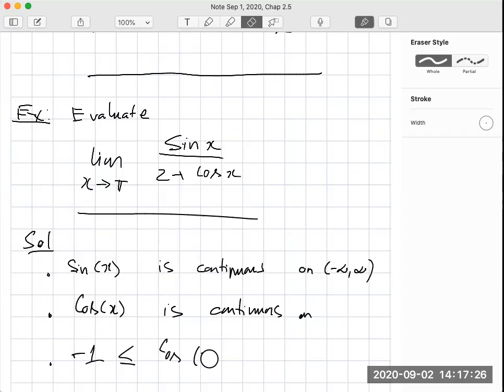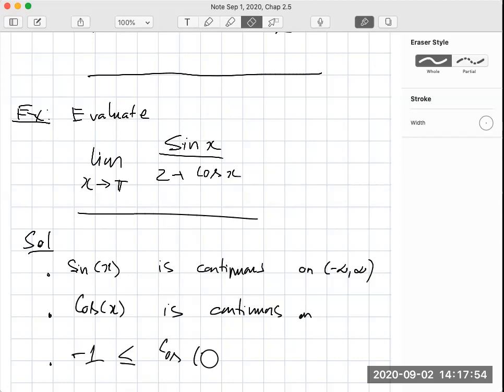So then at x is equal to pi, we're good. It is continuous at that point, right? Because it is continuous at this point, we can evaluate the limit by plugging pi into this function. And then the limit will be simply sine of pi divided by 2 plus cosine of pi.